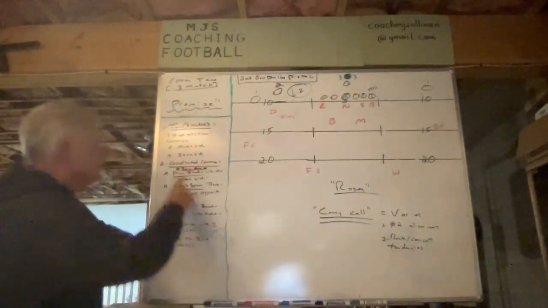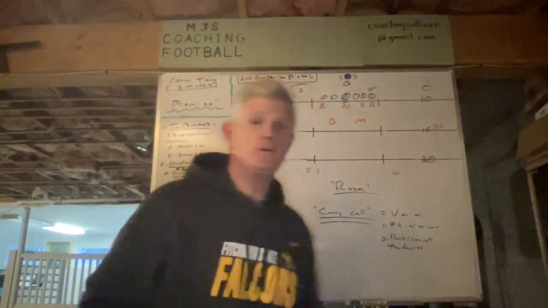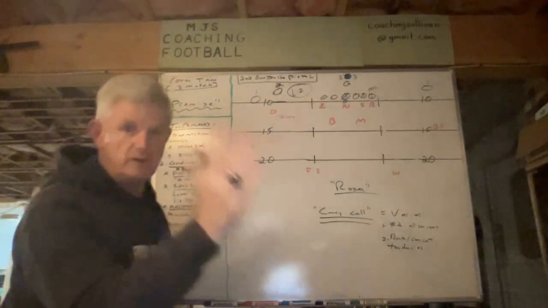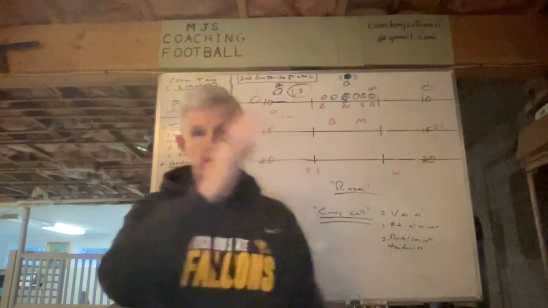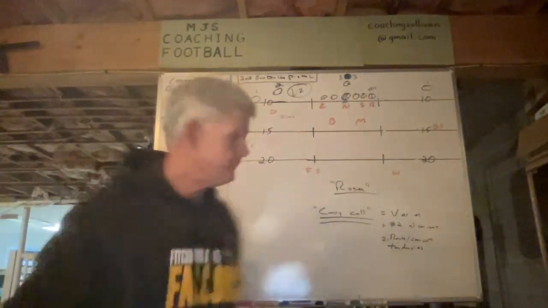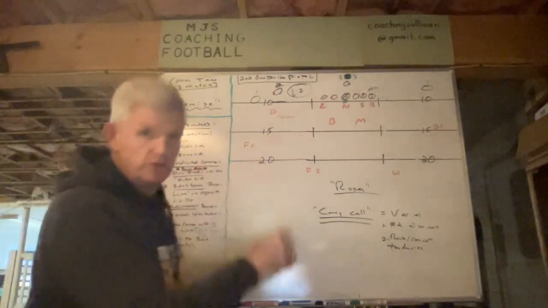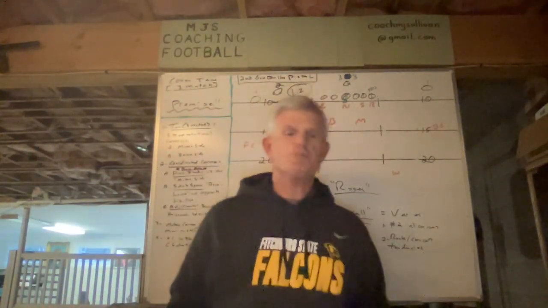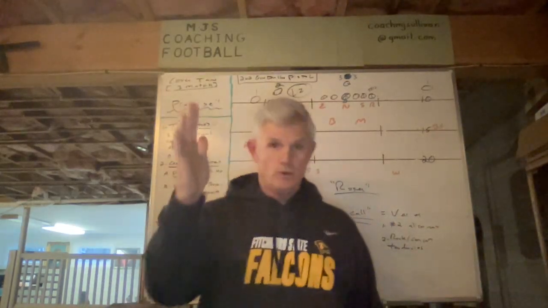We have a base rule, again, to simplify things. Our base rule is the pass strength that we call Liz or Rip. Liz is left, Rip is right. That's our match side. So when we initially teach cover 10, our three match, in the spring and again in the preseason, that's the rule.